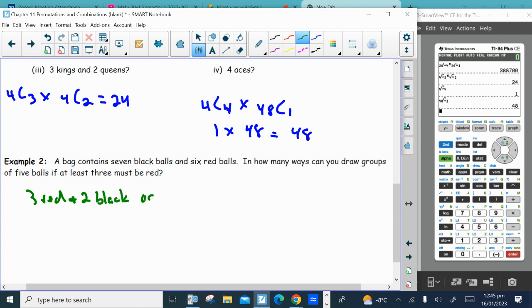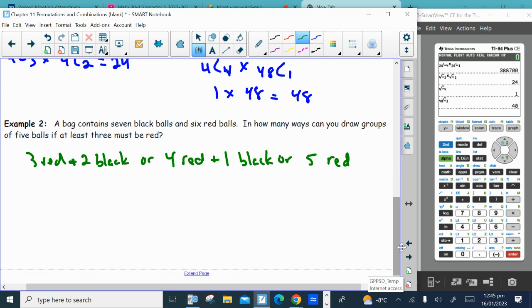Or you could have 4 red. The word at least means that many or more. And then you'd have 1 black to give you a total of 5. Or you could have all 5 red, which means no black.